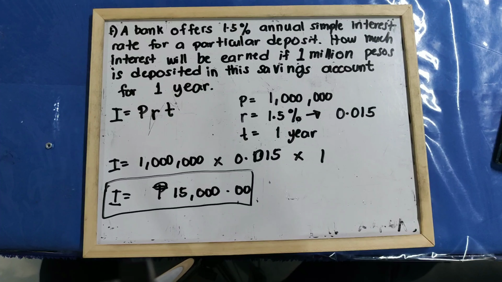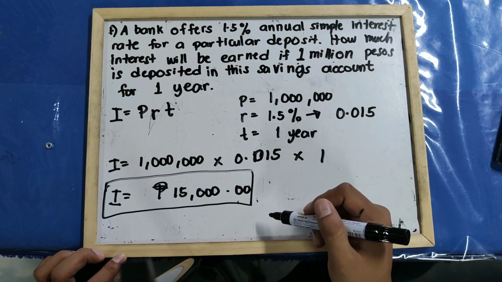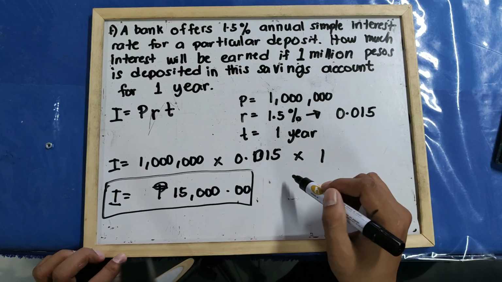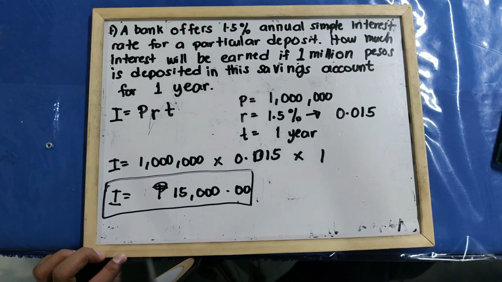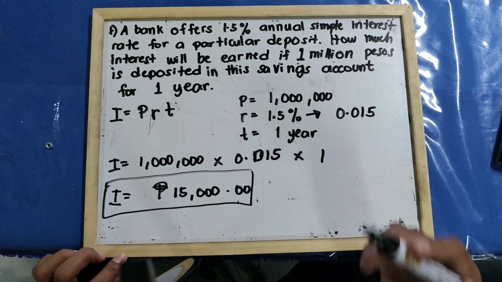From that money, you are earning 15,000 pesos from 1 million pesos. So his principal is 1 million pesos, his interest is 15,000 pesos. So after 1 year, what is his total money now?